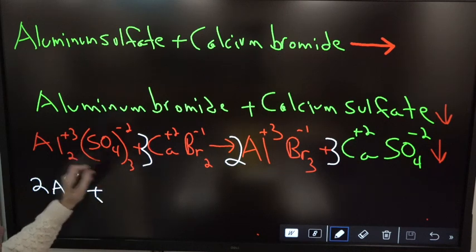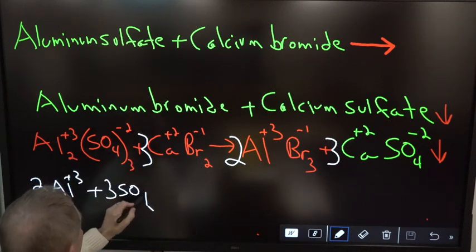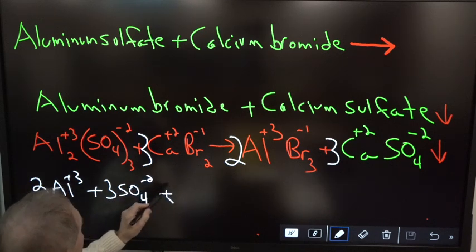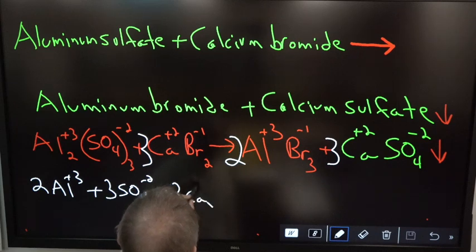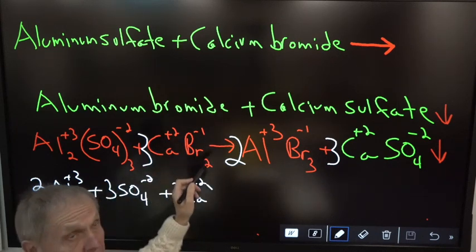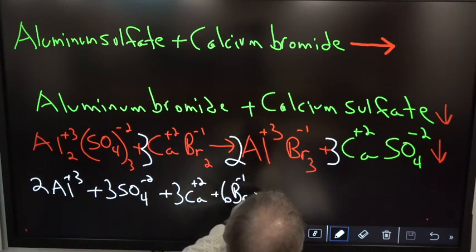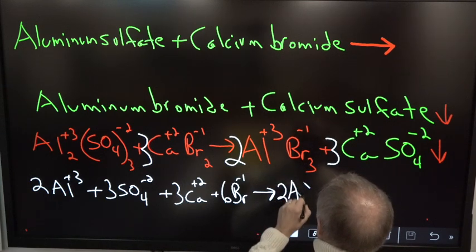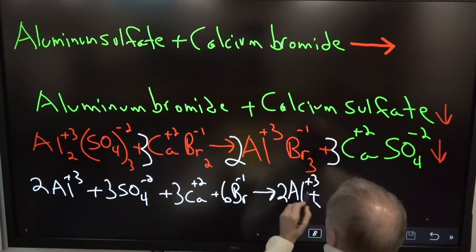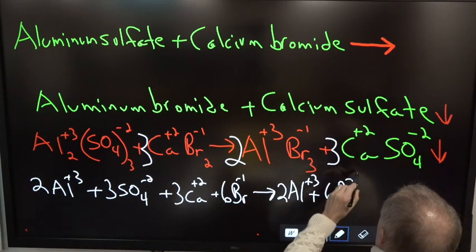Plus we have 3 sulfates, 3SO4 minus 2. And we have 3 calciums, 3Ca plus 2. We have 6 bromines, 6 Br minus 1, yields 2 aluminums, 2Al plus 3, and 6 bromines, 6 Br minus 1.